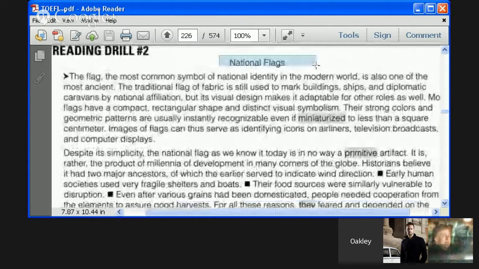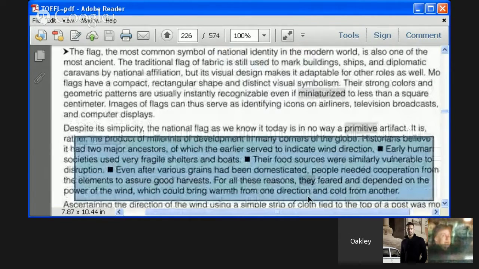Let's take a look at national flags. Let's see how fast we can do this, and look, we've got one of your sentence placement questions here, looks like, Giovanni.